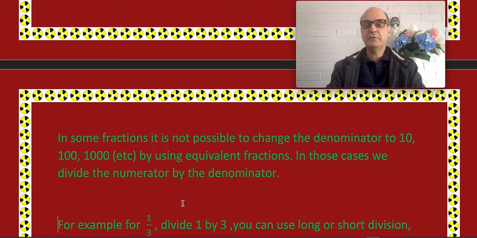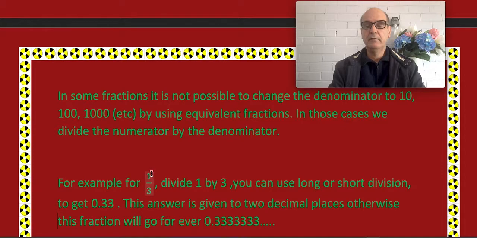Sometimes you come across fractions that no matter what number you times them by, they are not going to turn into 10, 100 or 1000. Then what do we do in that situation? For example, 1/3 is an example of that. No matter what number I times 3 by, it's not going to be 10 or 100 or 1000.